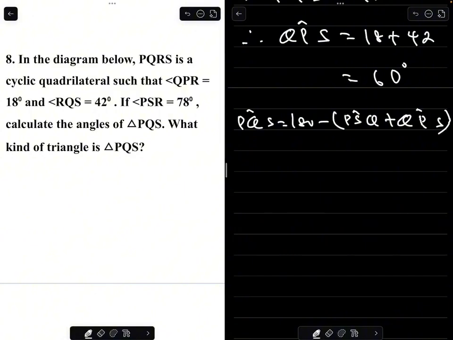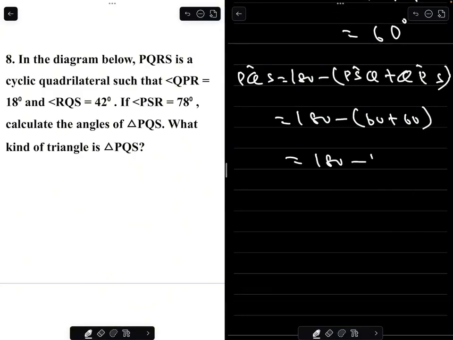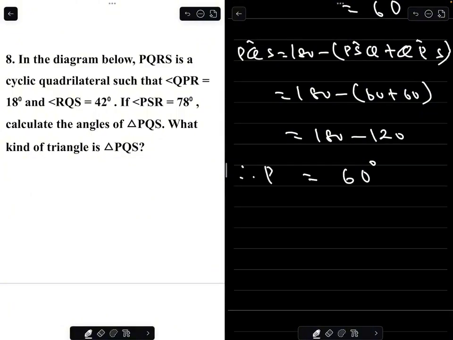That's equal to 180 minus 60 plus 60, which simply means 180 minus 120, and that is 60 degrees. So that therefore means angle PQS is also equal to 60 degrees.